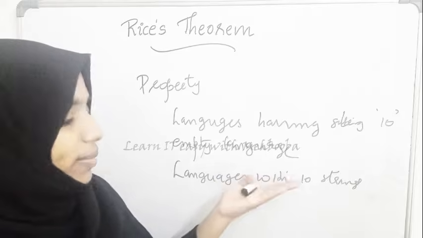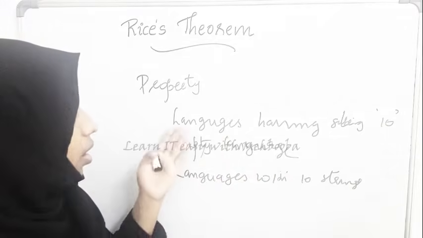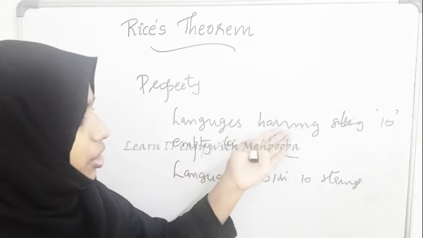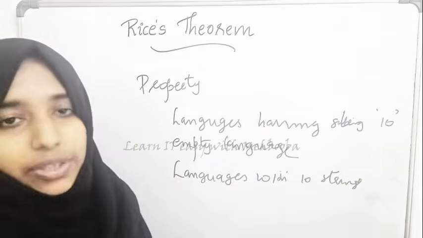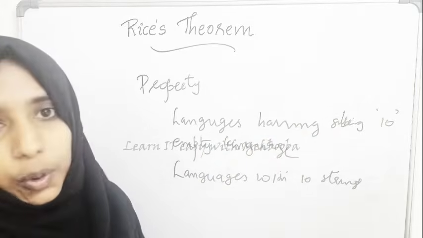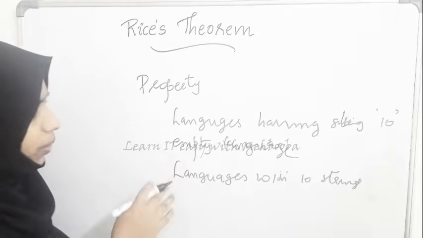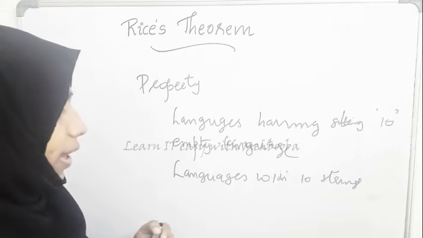Or if the Turing machine accepts empty language, the Turing machine is said to have this property. Of the Turing machines, some are having languages with string 10. They are said to have this property. So property is actually a set of languages or specialty of languages.